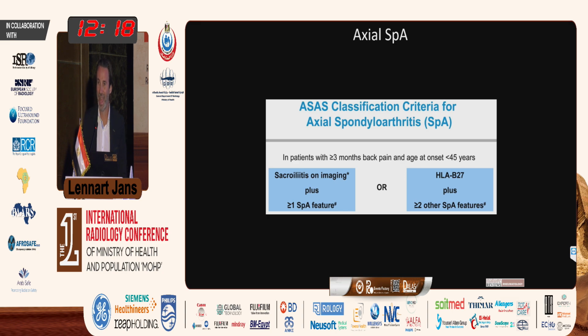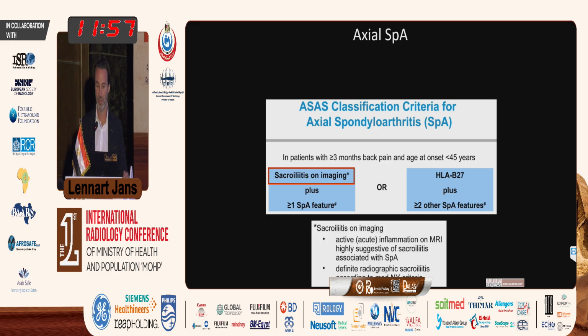So when we look at axial spondyloarthritis, which is about 1% of the population, then the classification criteria tell us that imaging is really important. Right? So we have a really important role as radiologists, because the rheumatologists need to know if there is sacroiliitis. And there are two ways that we can say that there is sacroiliitis.